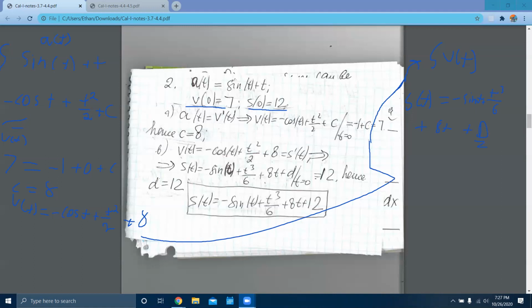When t is 0, s of t is 12. So we have that 12 is going to be equal to 0 plus 0 plus 0 plus d. So d equals 12. And that gives you the same answer he got here. Your overall equation for s of t is negative sine of t plus t cubed over 6 plus 8t plus 12.